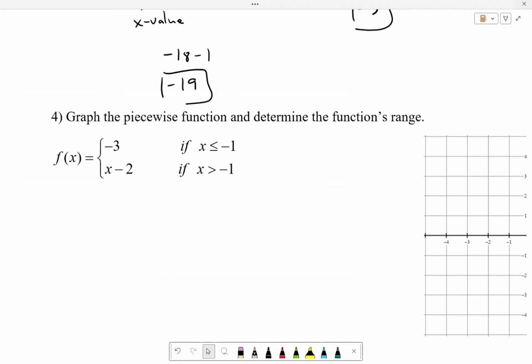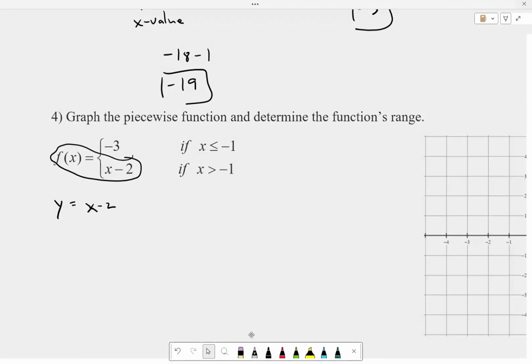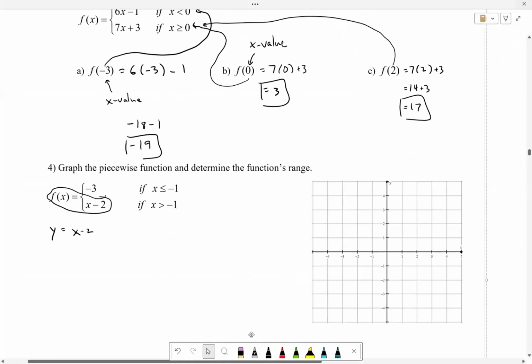I'm going to start with the second graph. F of x equals x minus 2, or y equals x minus 2. And let me change my eraser here for just a minute. Okay. So y equals x minus 2 normally looks like this. Minus 2. So slope is 1, right?